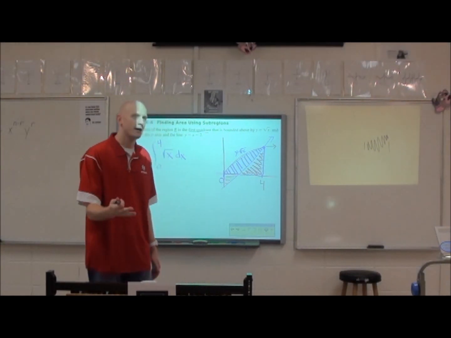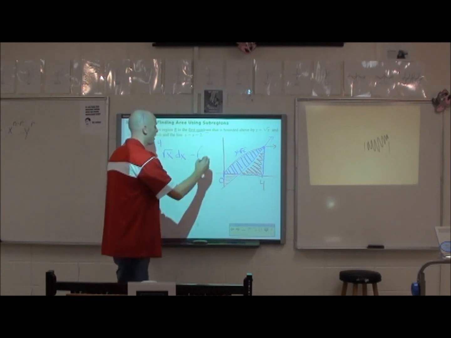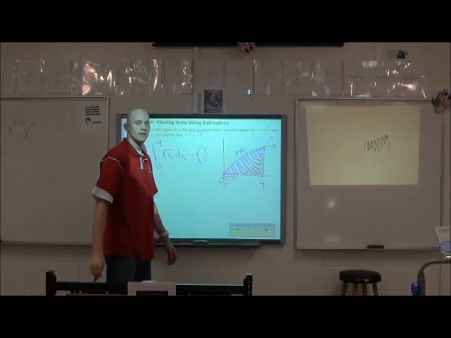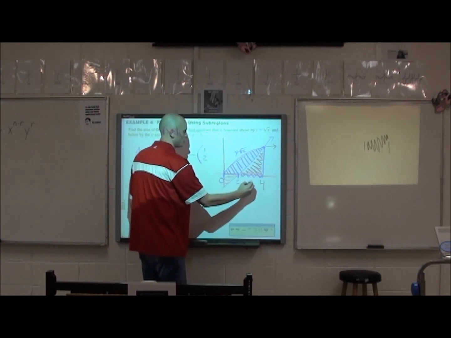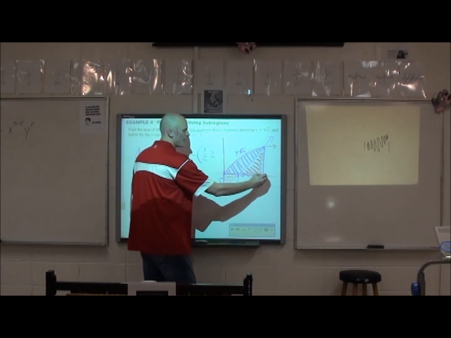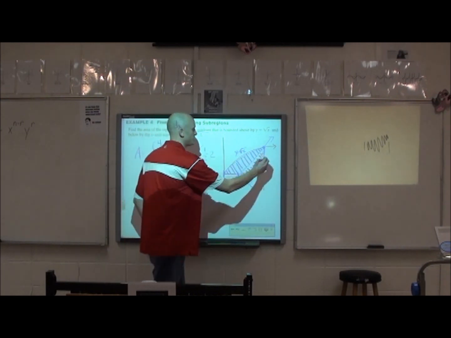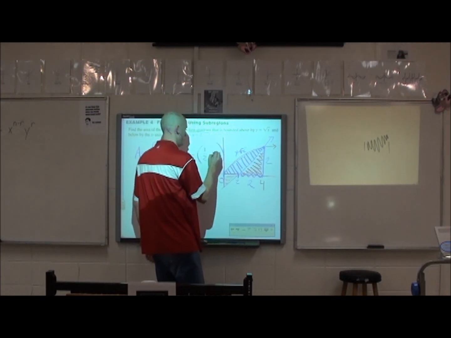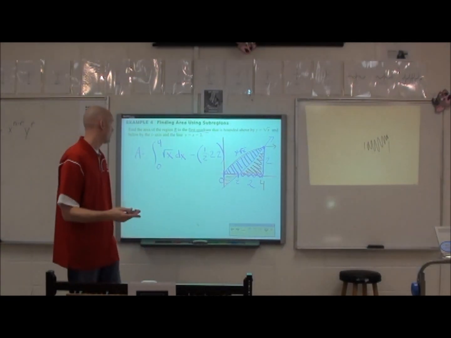And now we need to subtract out the area of that triangle. Minus the area of the triangle, which is 1/2 the base, which is 2, multiplied by the height, which is the value of this, which is 2. And that will give us the area under the curve.